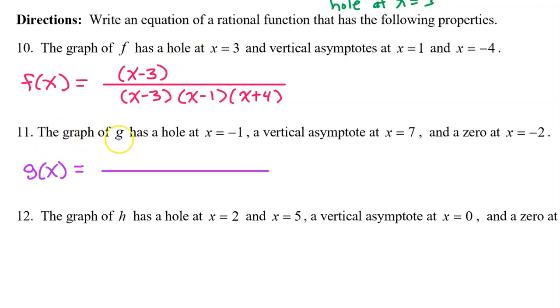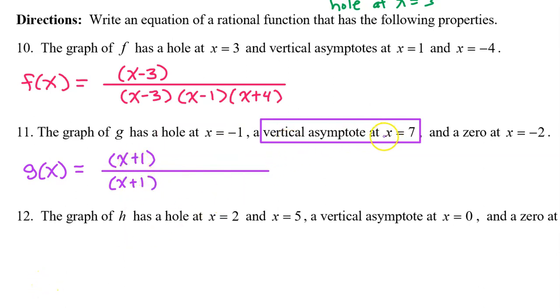Number 11, the graph of g has a hole at x equals negative 1, a vertical asymptote at x equals 7, and a 0 at x equals negative 2. The hole at x equals negative 1 means we need a factor of x plus 1 that cancels out, so numerator and denominator.